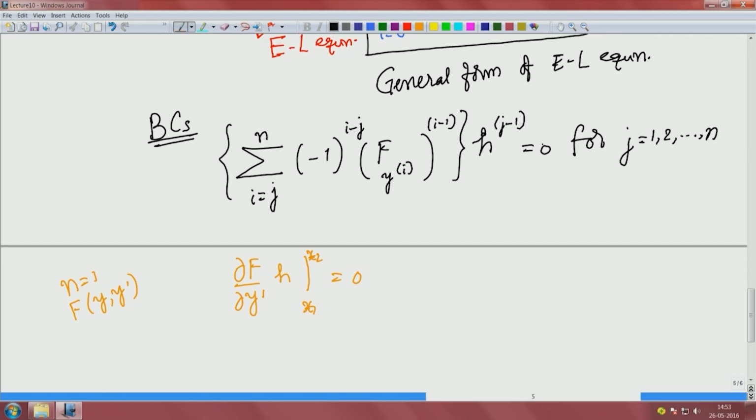This is evaluated at x1 and x2, they are boundary conditions after all.